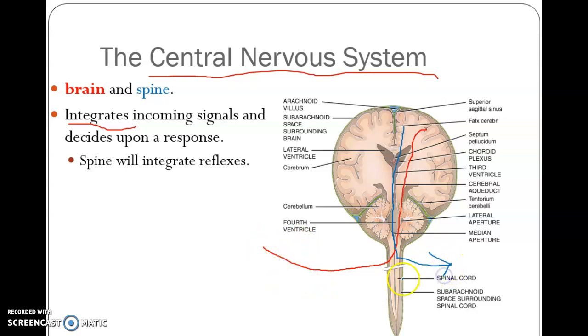Now, the spinal cord is important because it integrates reflexes. So my example last class, we have a pin or a tack, and you step on it.